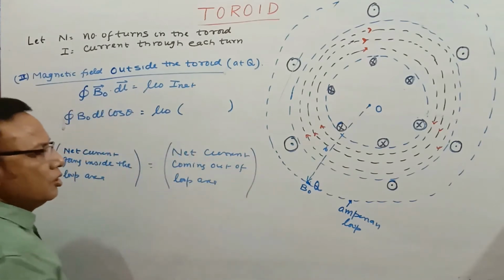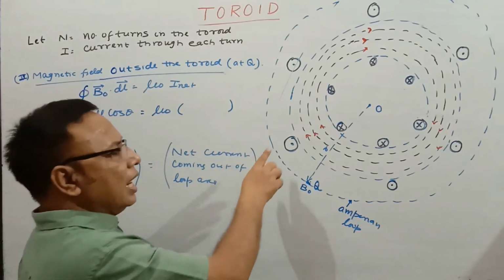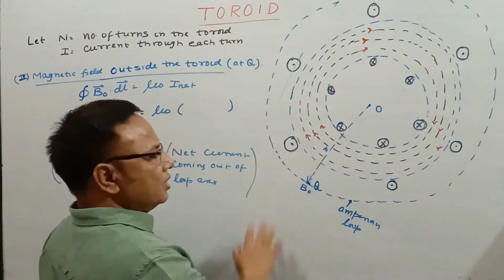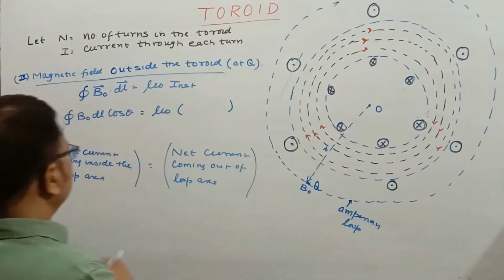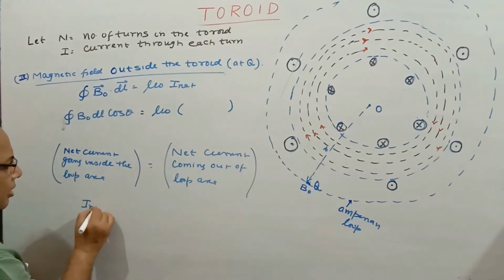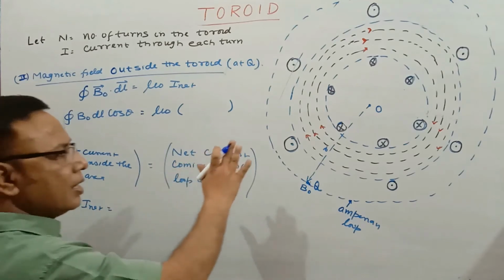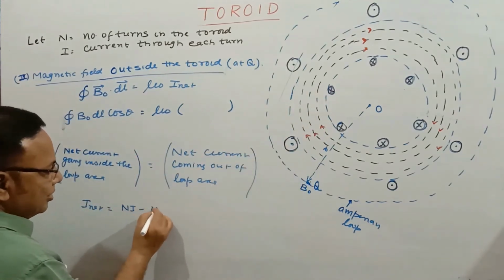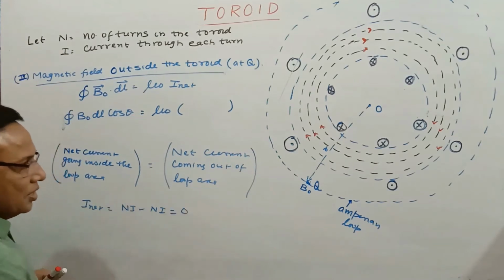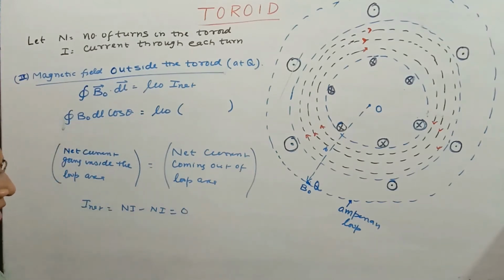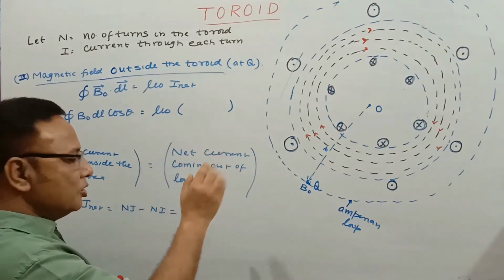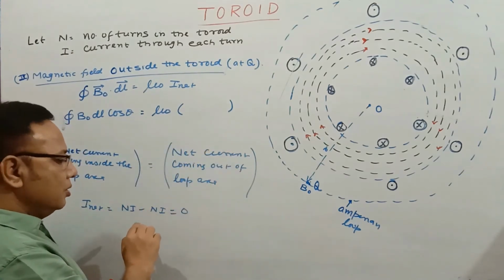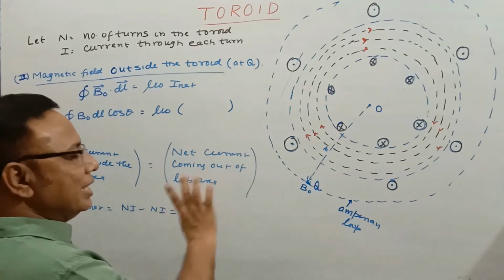If there are total n number of turns, and I is the current through each turn, then the net current will be Ni coming out and Ni going in. So net current is Ni minus Ni, which is equal to 0. Here the feature is different. Wires are coming out, currents are coming out and going in. So the net current value is equal to 0 due to the cancellation effect.